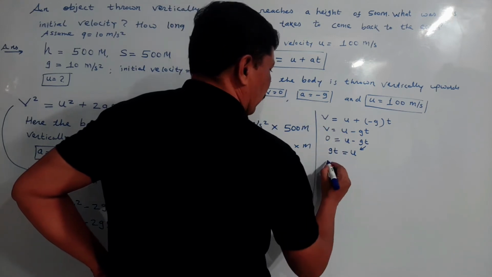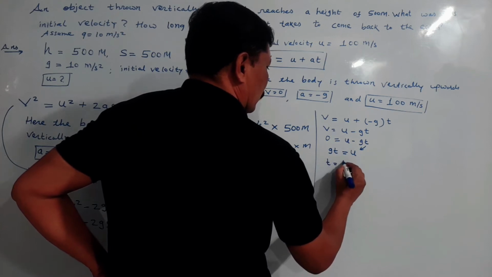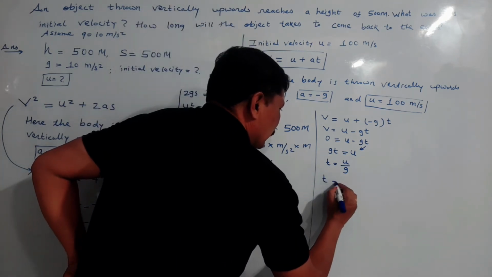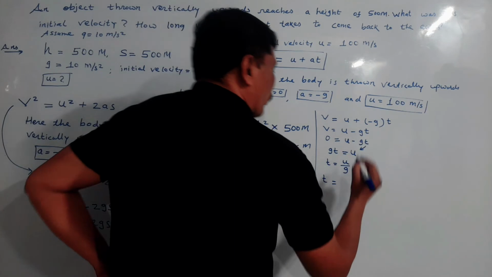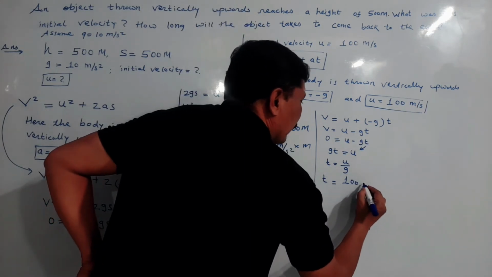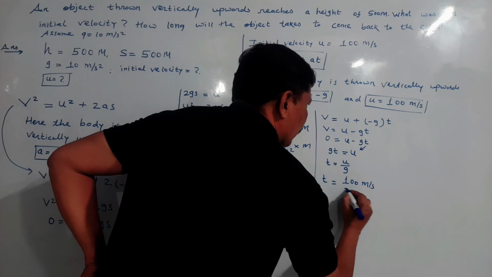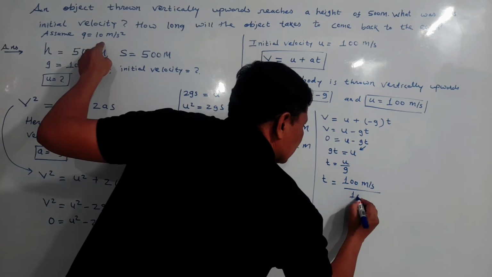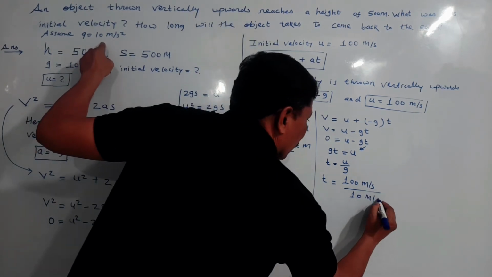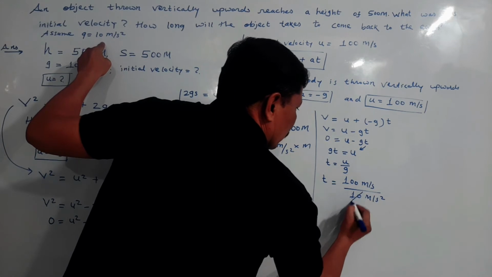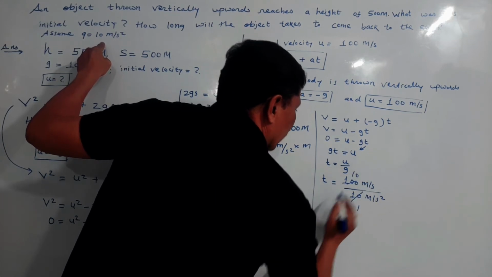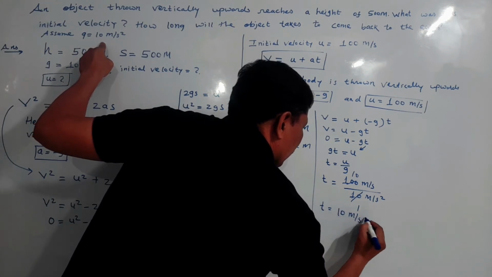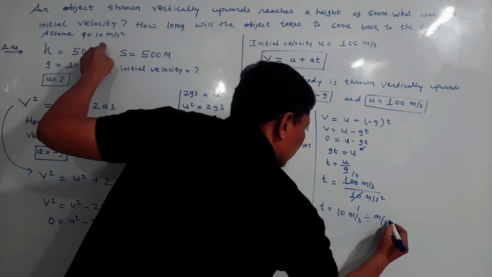Here we have to find t, and t is equal to u upon g. So t is equal to u we have found, that is 100 meter per second, upon acceleration due to gravity, which is given to us, that is 10 meter per second square. So 10 ones are 10, 10 tens are 100. So t is equal to 10, meter per second divided by meter per second square.